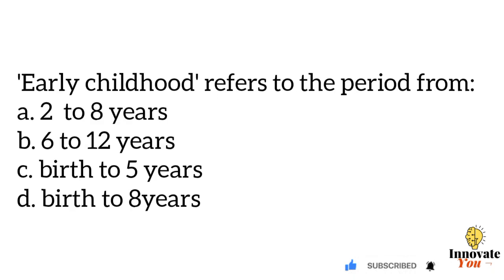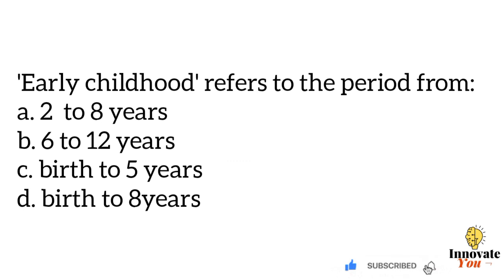Question 5. Early childhood refers to the period from A. 2 to 8 years, B. 6 to 12 years, C. birth to 5 years, D. birth to 8 years. Infancy is from 0 to 2 years. Then early childhood is from 2 to 6 years.